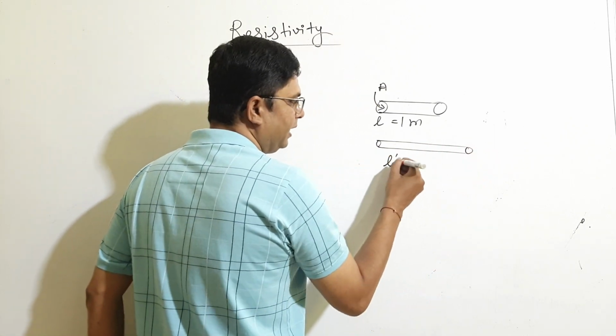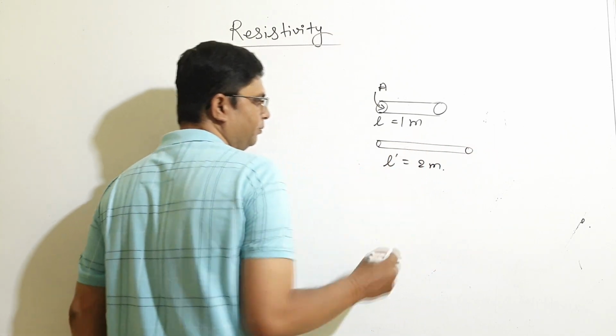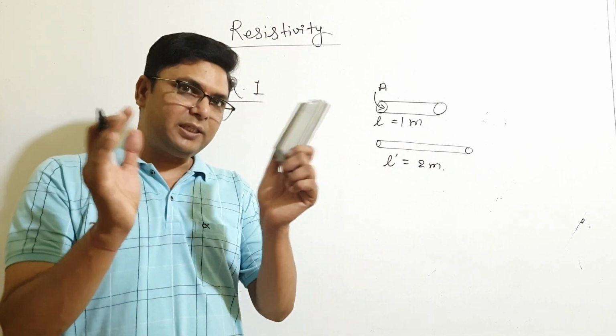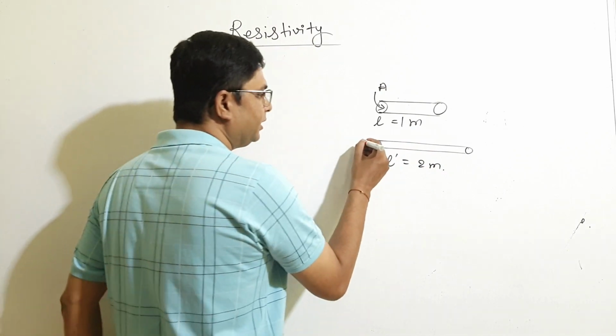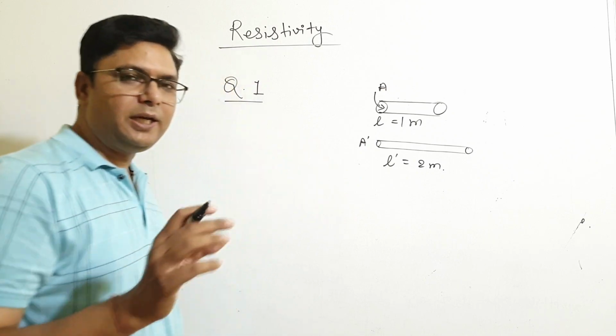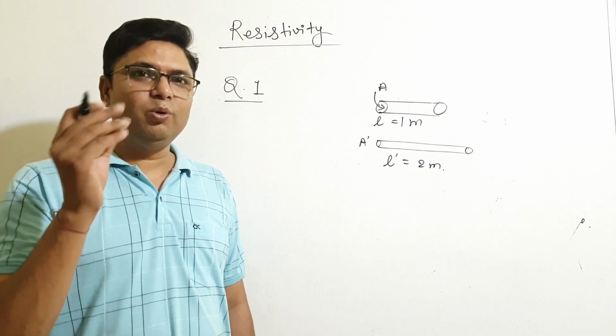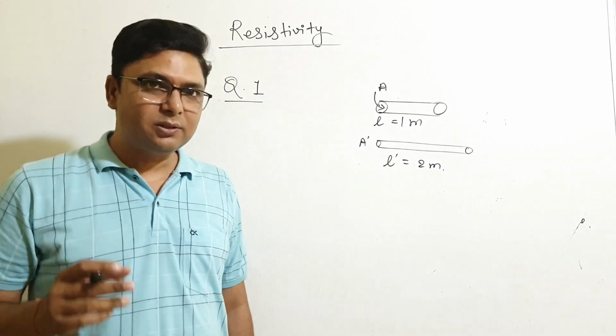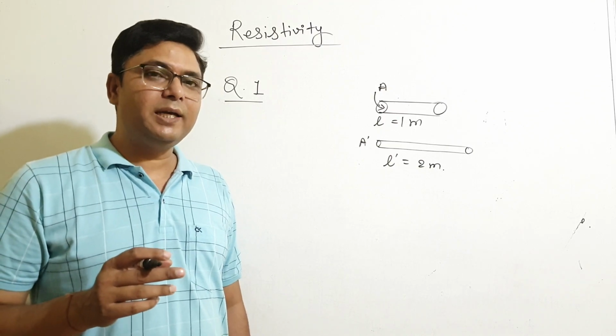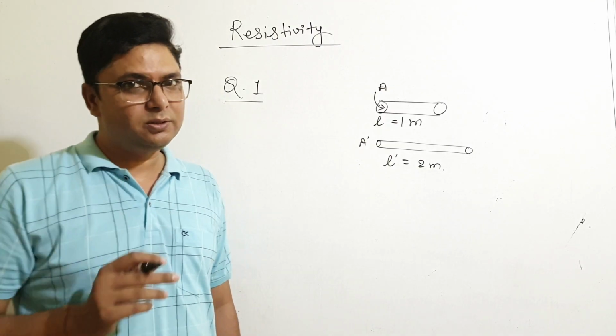This means that L dash equals 2 meter. Now the cross section area changes. The question is, what will be the new resistivity and new resistance?